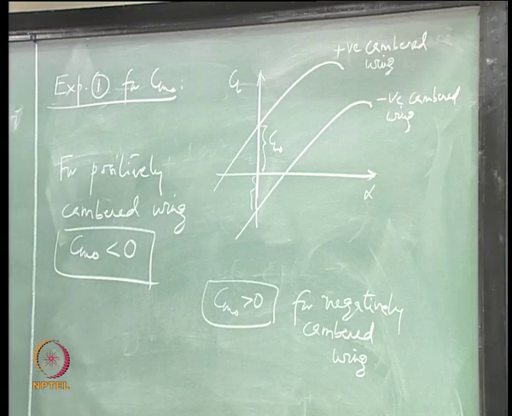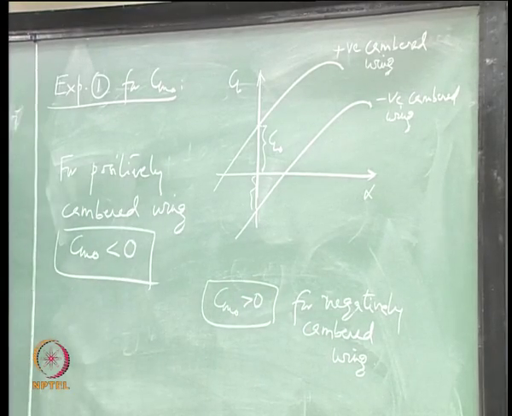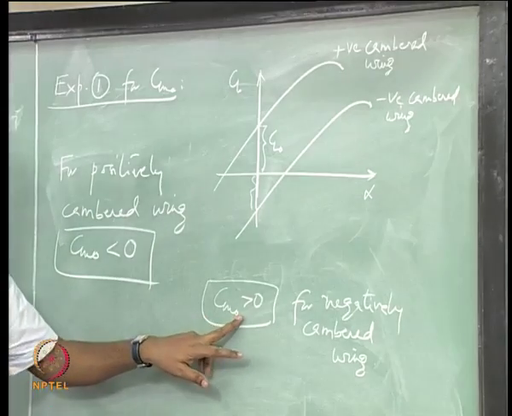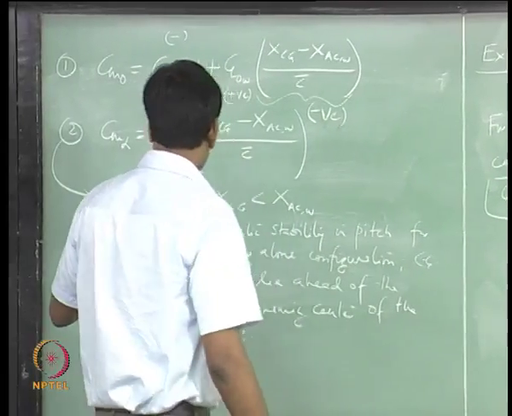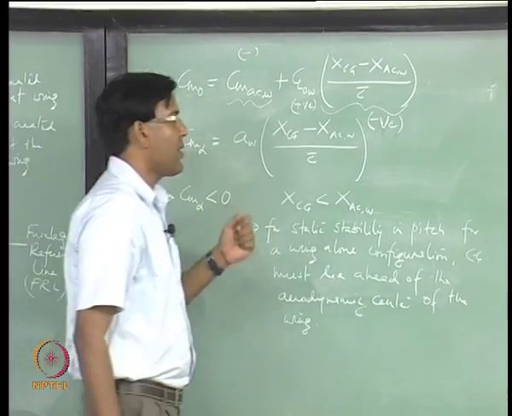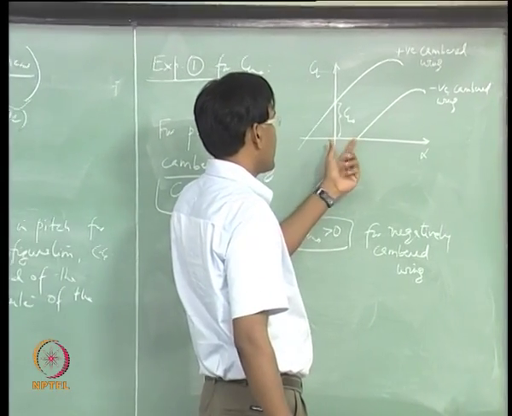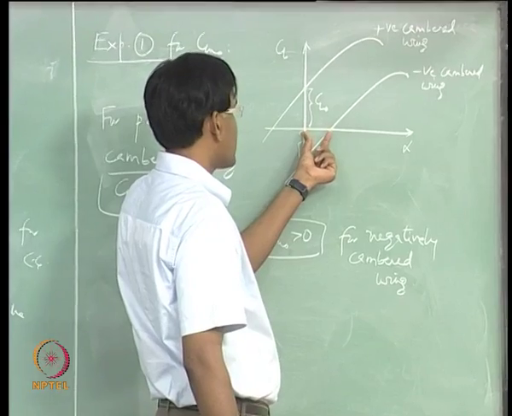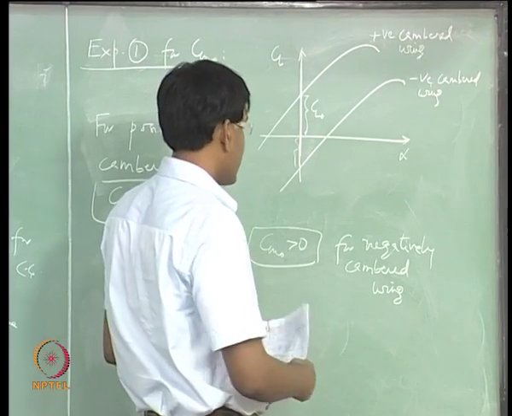Now, this is working to our advantage, but the disadvantage here is, by choosing a negatively cambered wing, we are satisfying the conditions for flying at positive trim angle of attack, and also we are satisfying the conditions for static stability in pitch. But you see this portion, of course there is a loss of lift overall, and also this portion of the angle of attack for which the lift coefficient is negative.